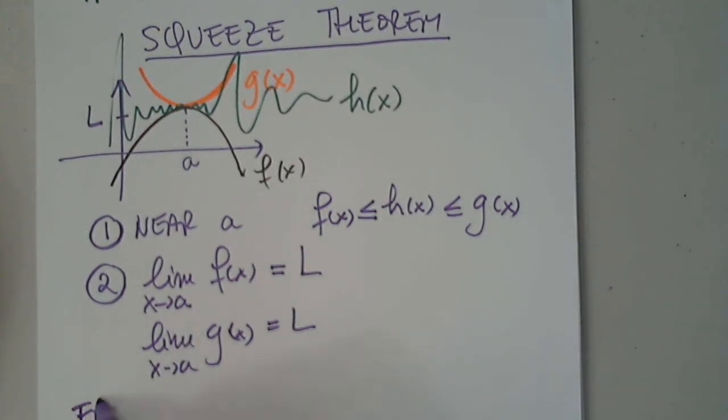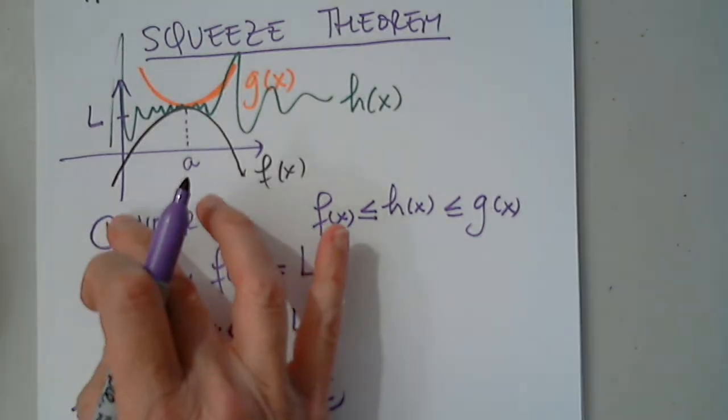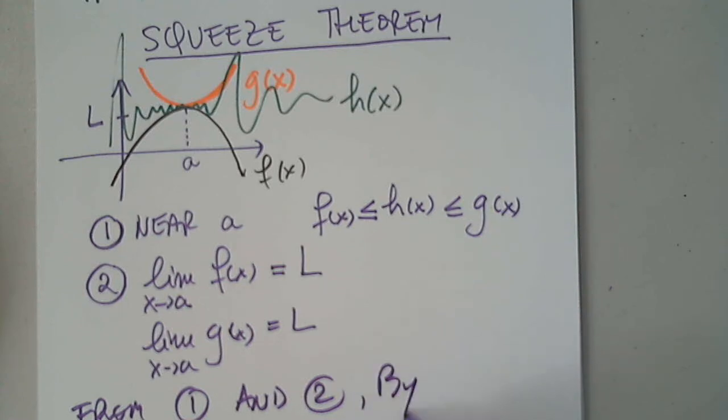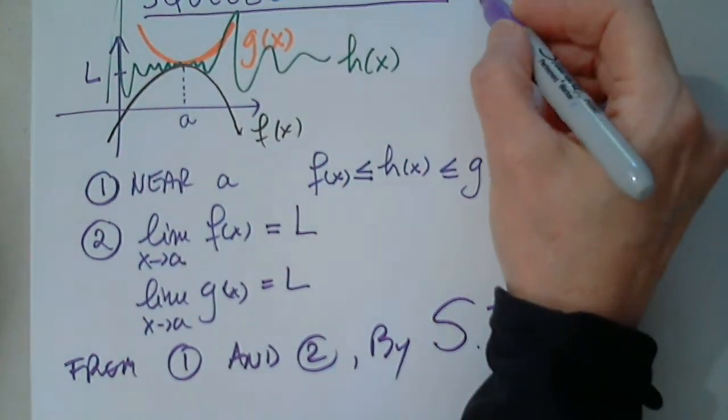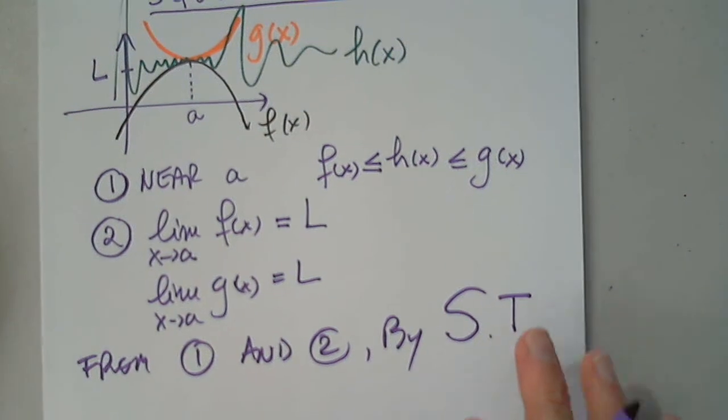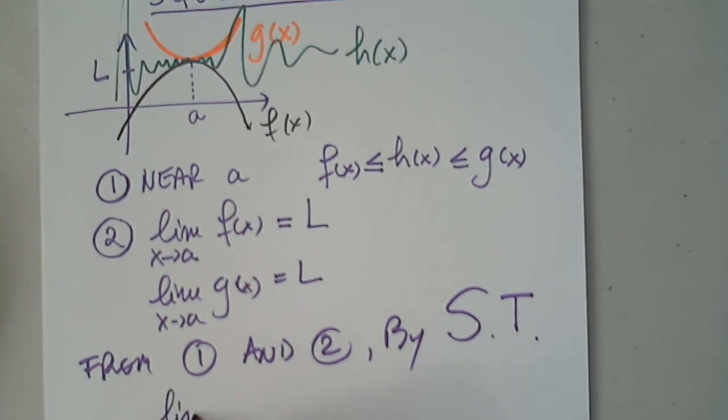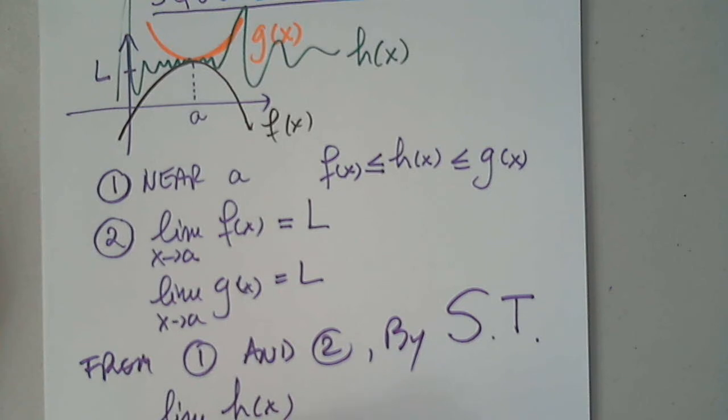Can I write that from 1 and 2, by the Squeeze Theorem, the limit of h of x as x approaches a is, anyone? L. That's it.